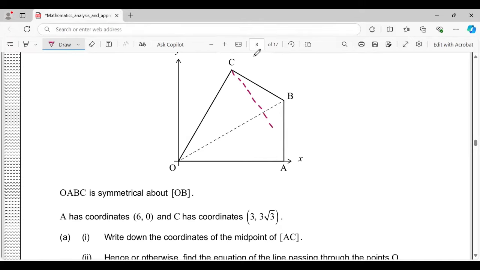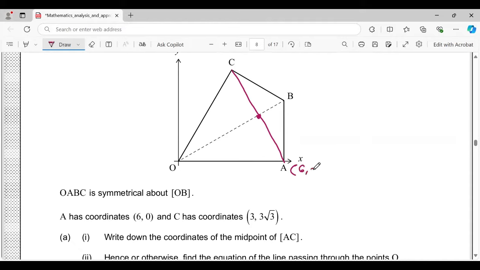The strike line will be like this. Okay, and this is the midpoint.